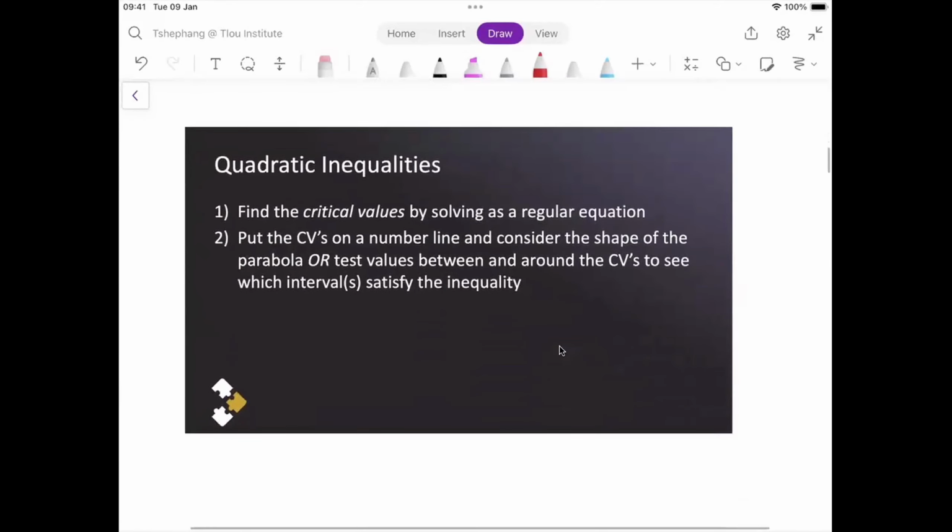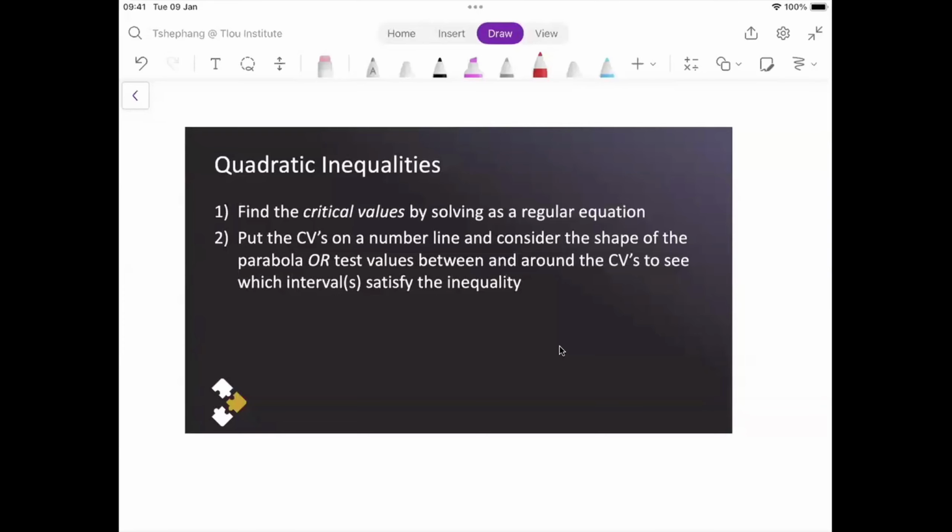Moving on. Quadratic inequalities. So these are some of the steps that will help you solve those quadratic inequalities. In the earlier grades, you were solving linear inequalities, but in grade 11 and in grade 12, you are going to be dealing with quadratic inequalities where you have two factors or two solutions. How you go about answering those questions is you have to find the critical values by solving as a regular equation.